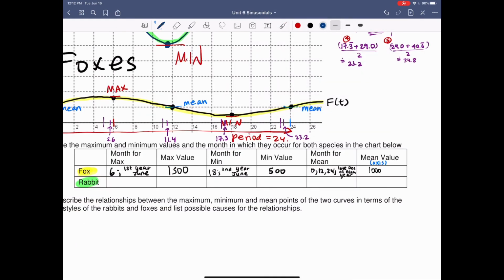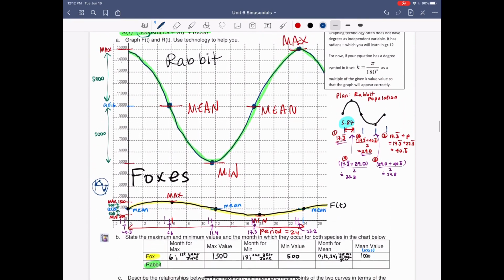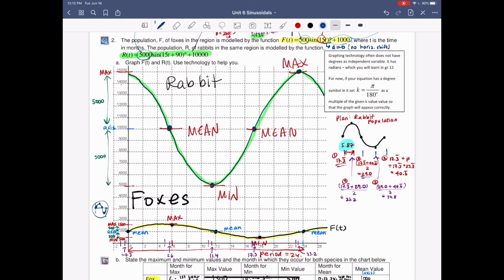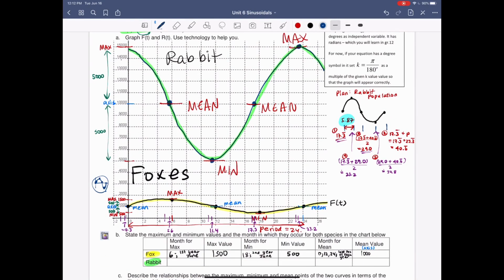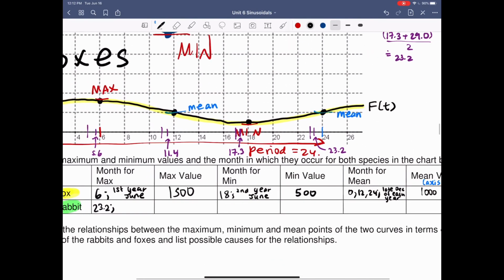So let's look at the rabbit population and interpret it. Let's look for the month for max. The max is occurring at approximately 23.2. And 23.2, what does that mean?